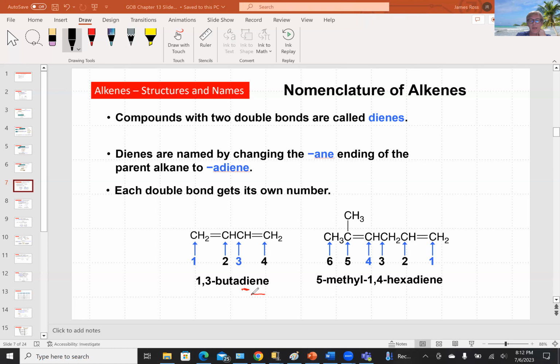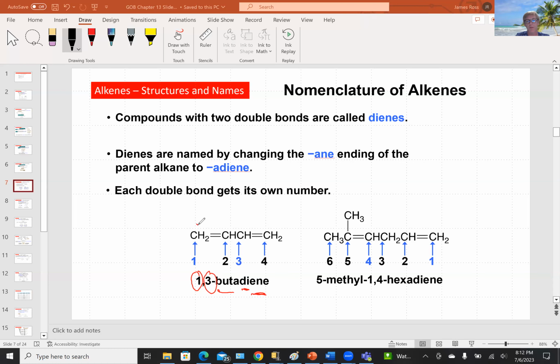So a diene is an alkene that has 2 double bonds. But tells us we have 4 carbons, so it's a 4-carbon trunk of a tree. It contains 2 double bonds, so butadiene, and those double bonds are located between carbons 1 and 2 and 3 and 4. Again, we only give the lower of the 2.